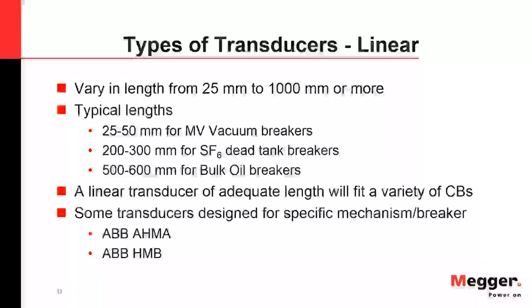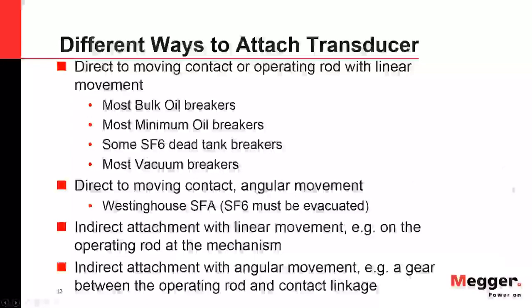So you'll also see special transducers designed specifically for a mechanism, such as the ABB AHMA and their newer HMB, where that transducer actually has to go directly into that mechanism and is a one-to-one with how those interrupters are traveling.